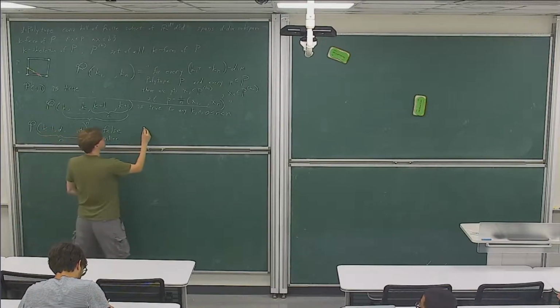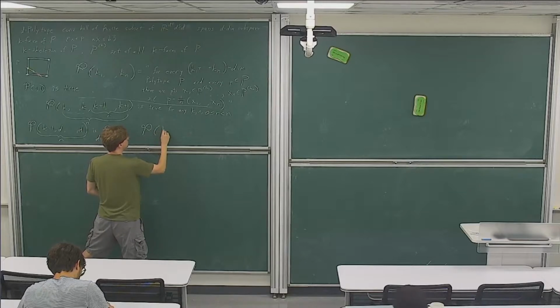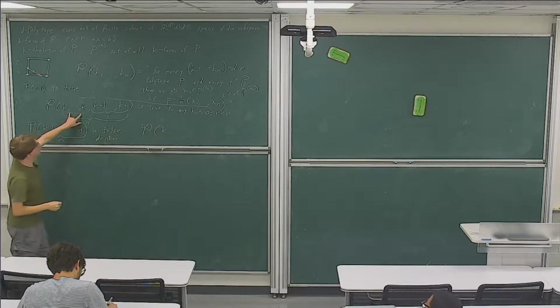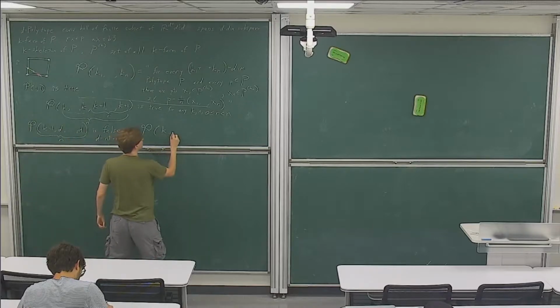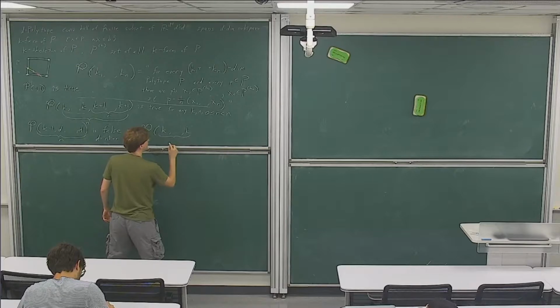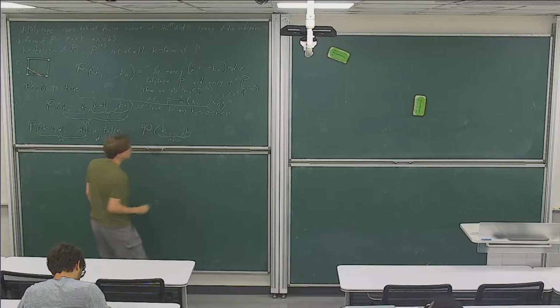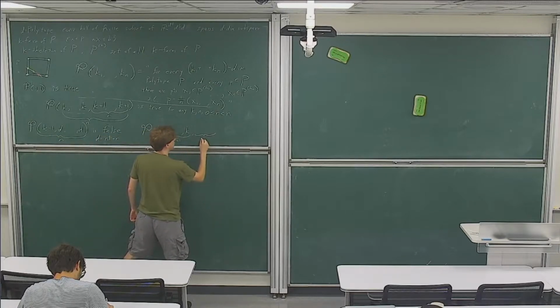And if I require more than n minus r, so if I go to here, let's say I have n minus r plus 1, and then I have r.